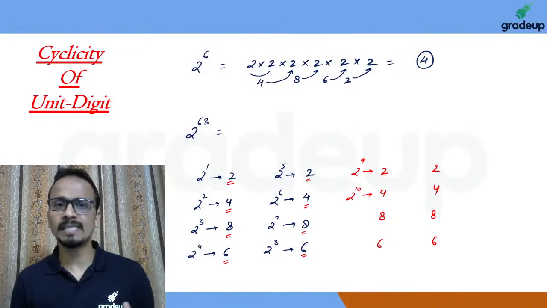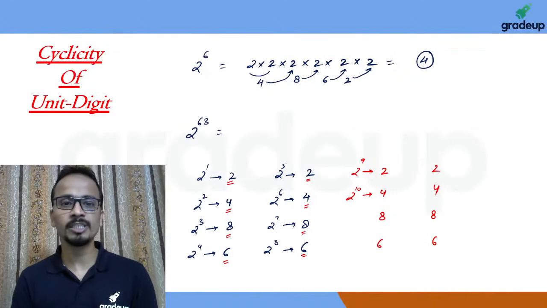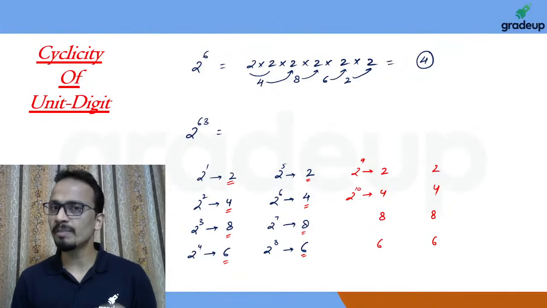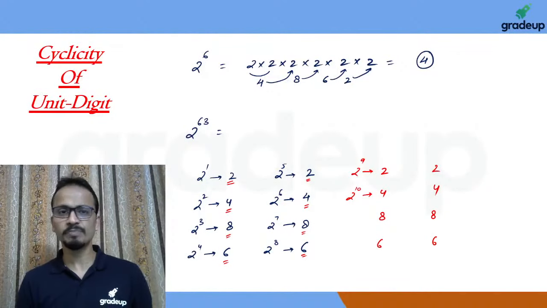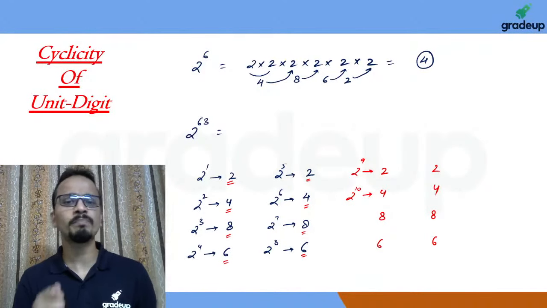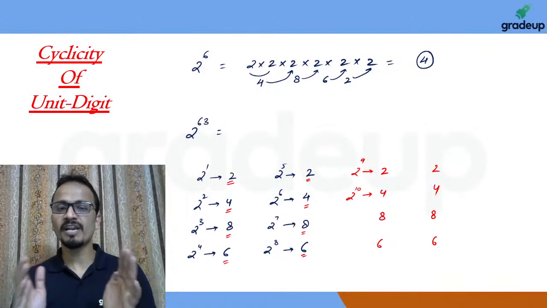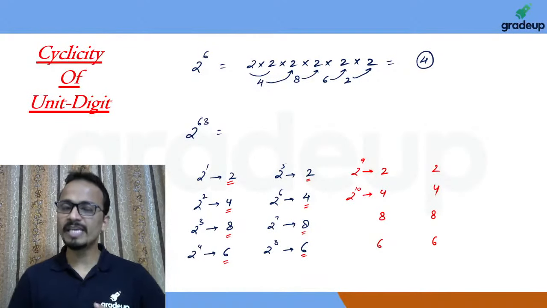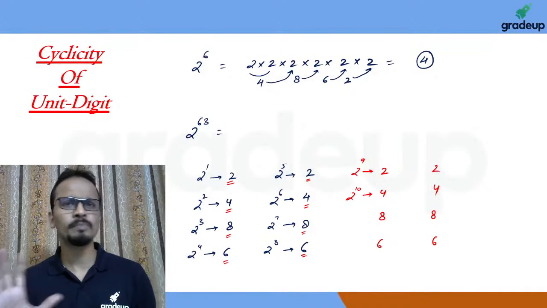We can say that the cyclicity of the repetition of unit digits when we are considering the powers of 2 is 4. I'll repeat this statement. The cyclicity when you are looking at the unit digits of the powers of 2 is equal to 4. So after every fourth power, the unit digit will repeat in this particular case.